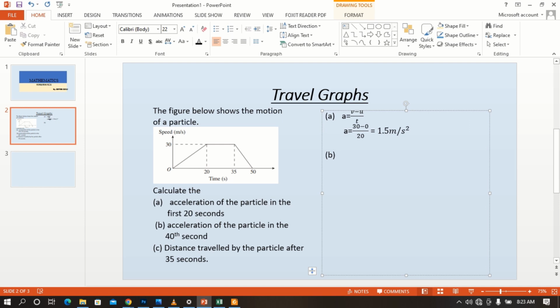B is requesting us to calculate the acceleration of the particle in the 40th second. If you consider here, after the 35th second, the object has started retarding, meaning that it was reducing in speed.